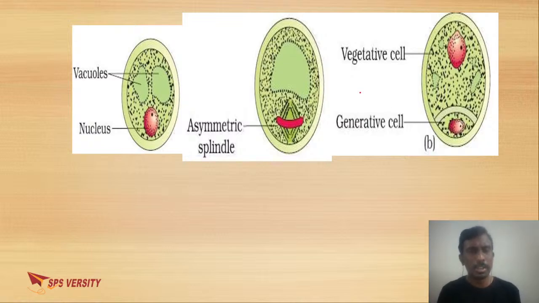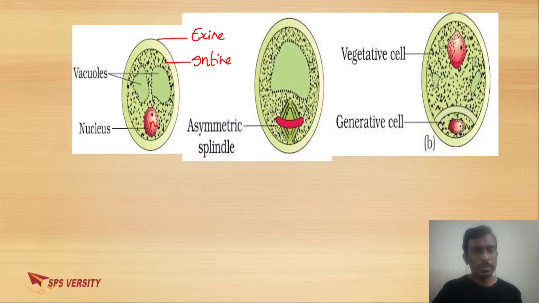So now we are going into the deeper parts of the pollen grain. Till now what we discussed is the walls of the pollen grain, that is exine, and the next one is intine. When I go inside the pollen grain, there is a nucleus which is haploid.